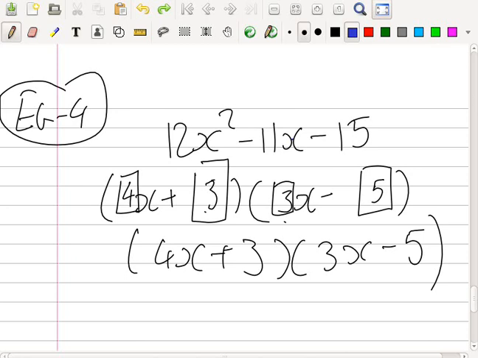Minus 20 plus 6 equals 11. It's going to be minus 20 plus 9. Yes. We temporarily forgot 3 times 3, yes?